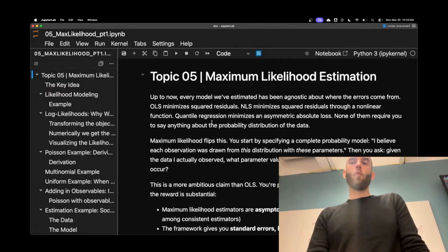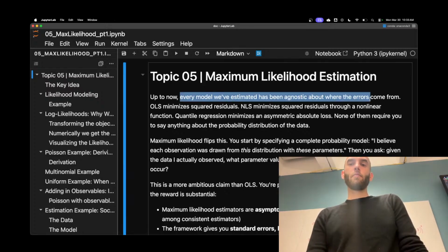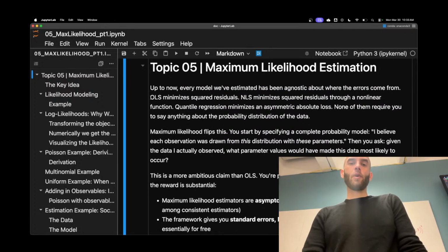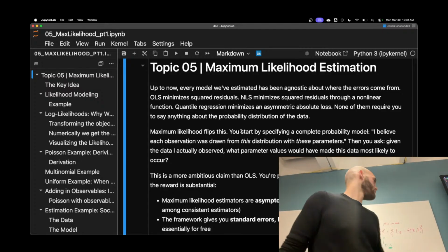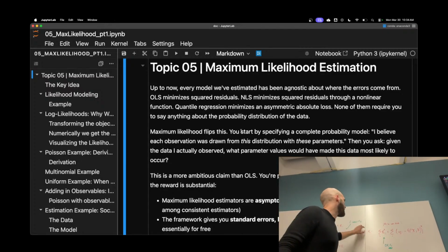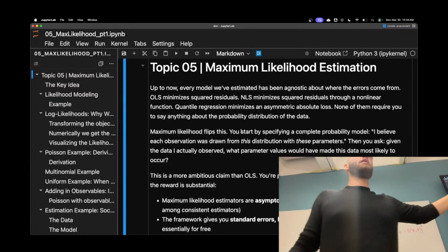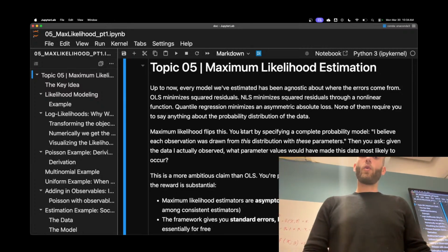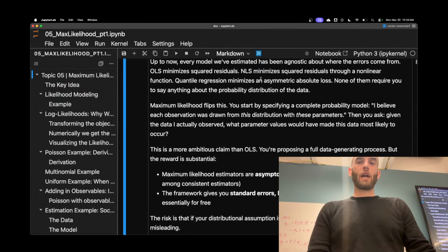So what we've done so far is talk about models that are agnostic of where the errors come from. In OLS, we were minimizing the squared residuals, so it looked like this. We talked about absolute deviation in quantile regression, or asymmetric absolute loss.